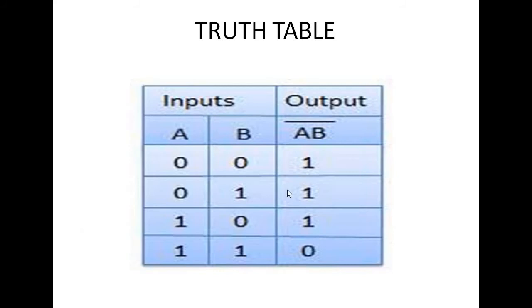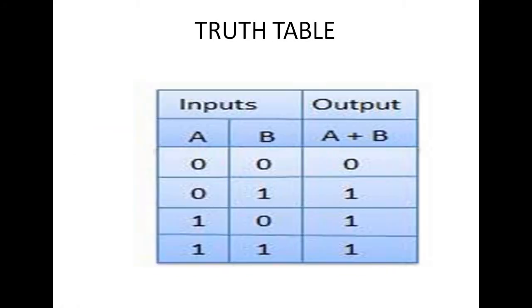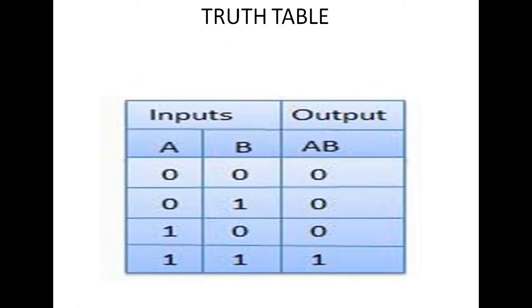And it shows just the opposite of AND gate. That means in case of AND gate, if both the inputs are 1, the output is 1.